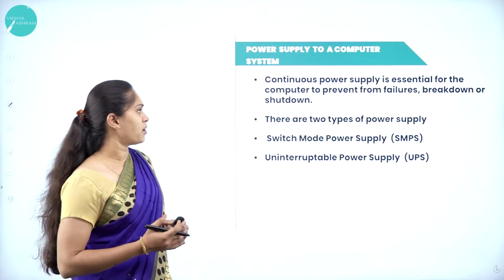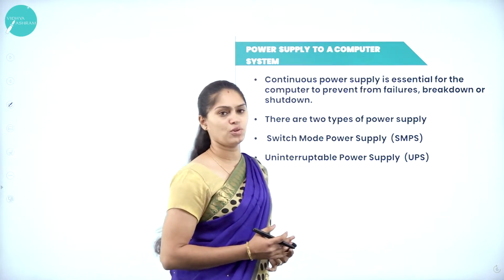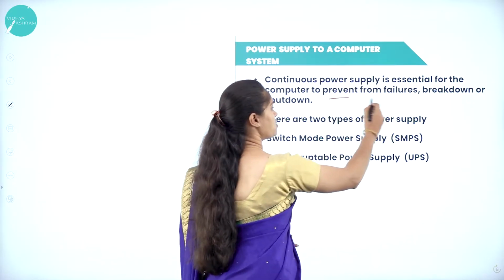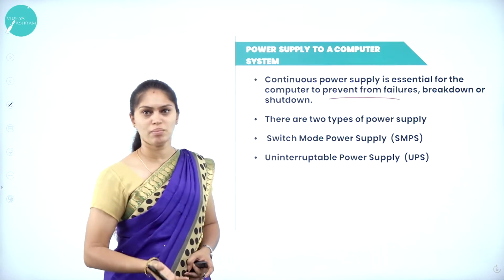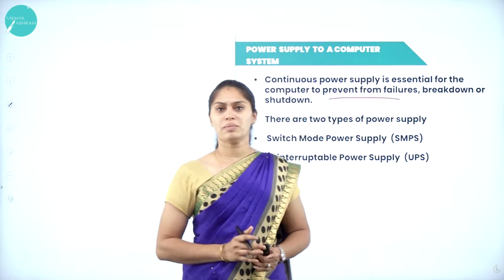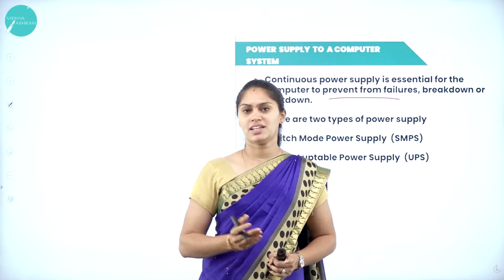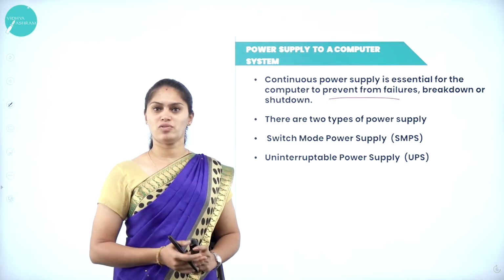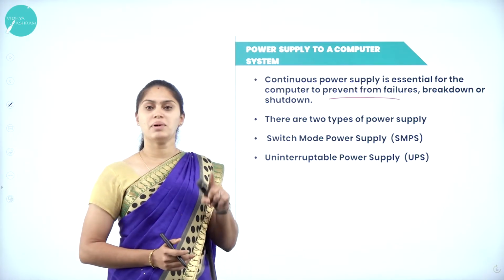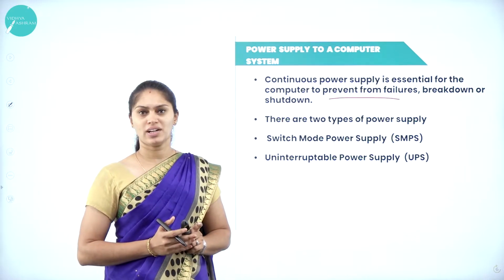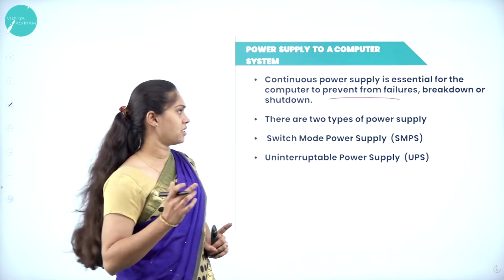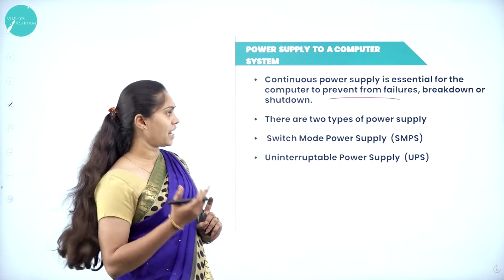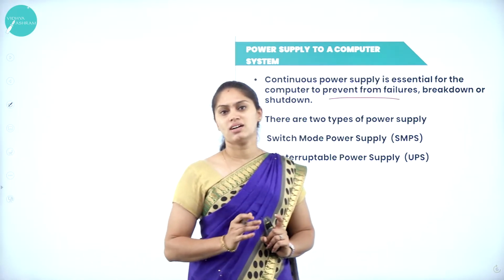Continuous power supply is essential for the computer, which helps to prevent failures. If there is no power supply, I cannot perform any operations. When the computer is shut down or turned off, we cannot perform any operation. So power supply is a very important thing to the computer system, in order to prevent failures, breakdowns or shutdown.